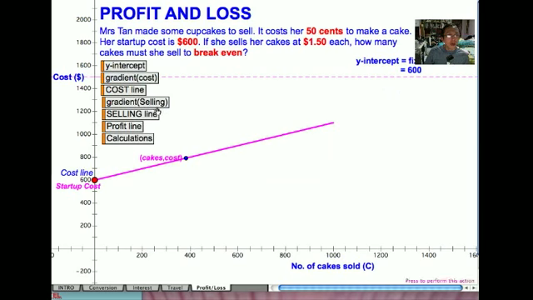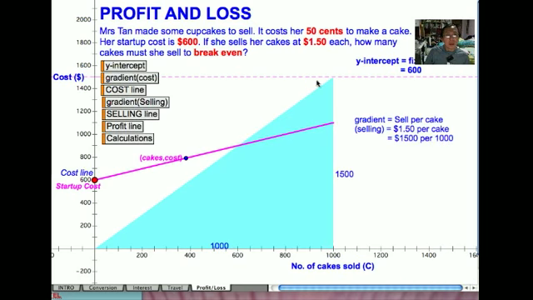In the same way, the selling price is also the gradient of the line showing the selling price. Once again, $1.50 is too small.